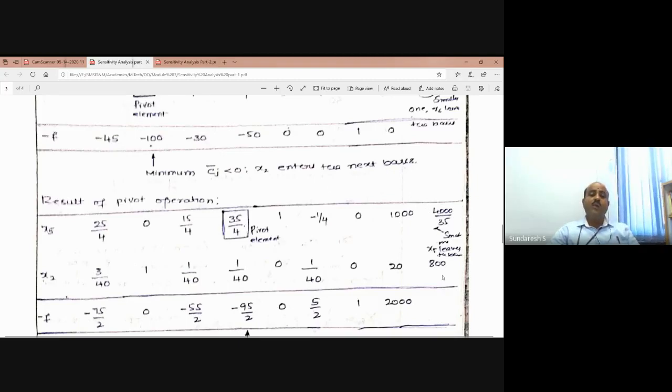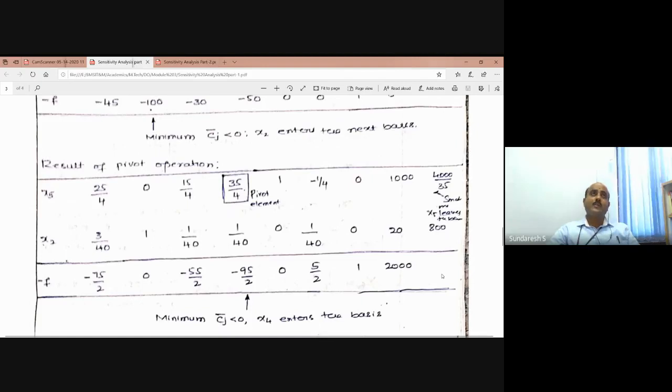The next step is that the result of the pivot operation, you have to put in the form of a canonical form. In the next table, X2 remains as it is, the variable remains as it is. X4 enters the basis, X5 leaves the basis.